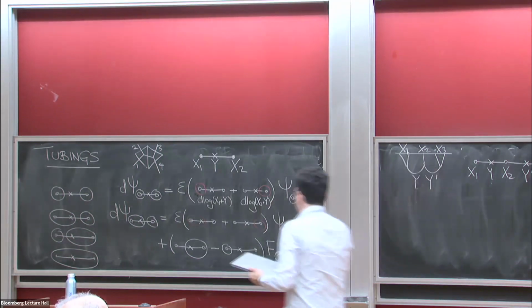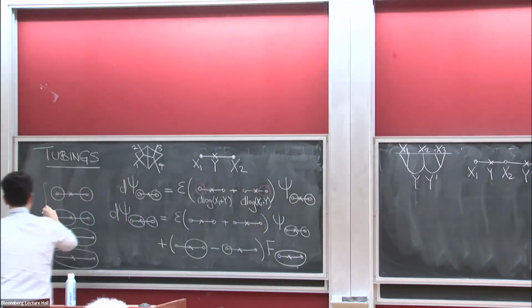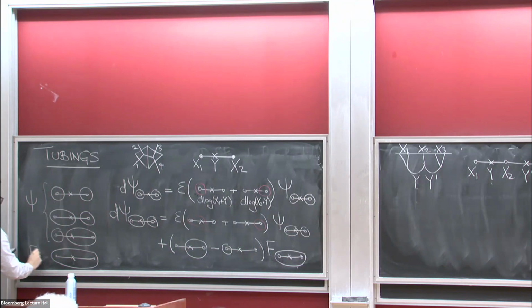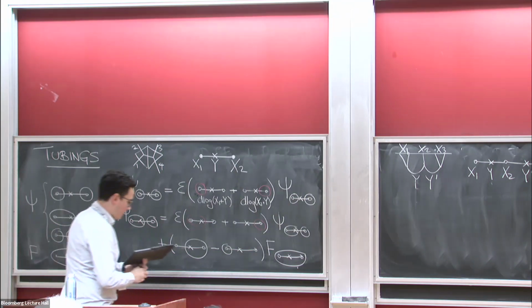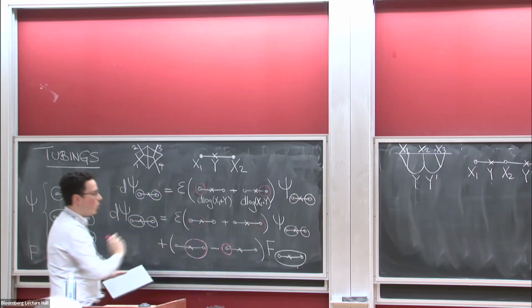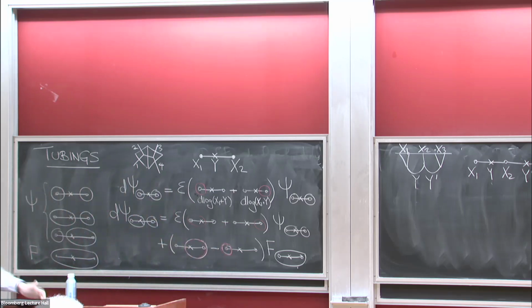Even though it's all democratic here, these three guys are just different parts of the wave function. This guy we call F because it's a bit like a source, right? And now there's no epsilon here, okay?